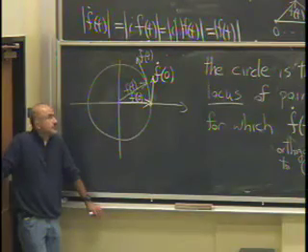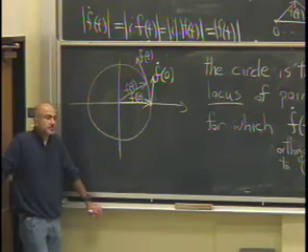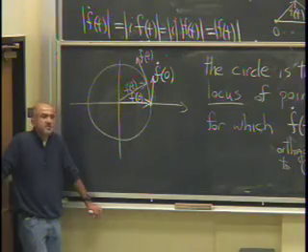One way you can argue it is that you're going to have to return to the same place after some time because of the 2 pi ambiguity in the phase. You have to return to the same place after some time. A spiral doesn't have that property.